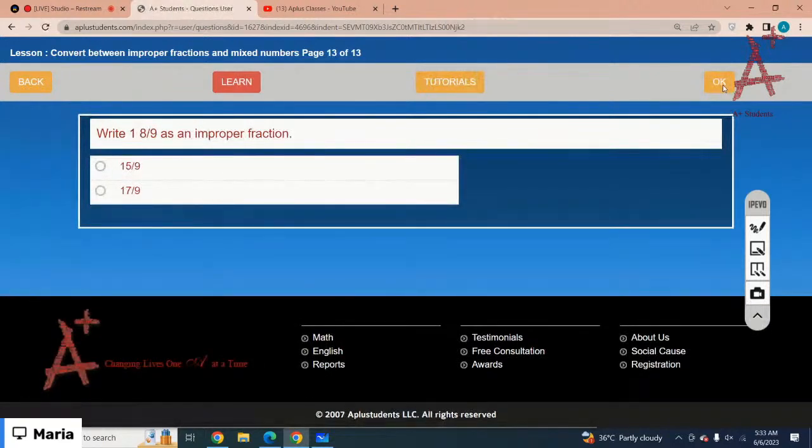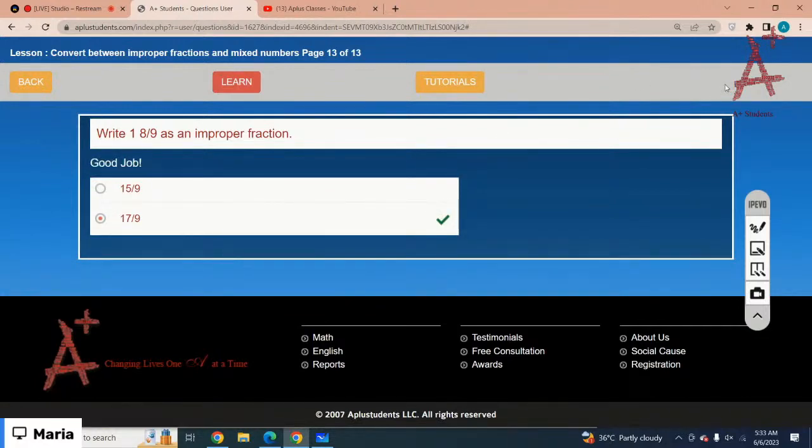Okay, write 1 whole 8 over 9 as an improper fraction, so which is the correct option? 9 times 1 is 9 and plus 8 is 17. That would be 17 over 9. Got it?